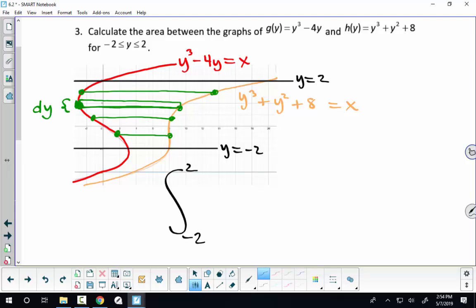So we're given that the y values go from -2 to 2. The function we're looking at, determining the height, we said in this scenario is always right minus left.